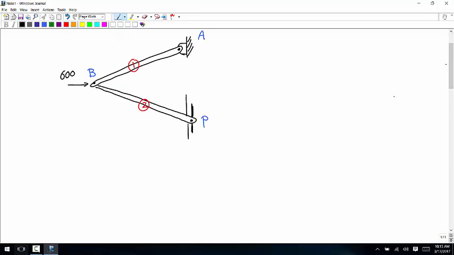And we went through Newton's laws for these two things. It's two bodies, two-dimensional problem, so 3 equations per body. And we got this system of equations so far.